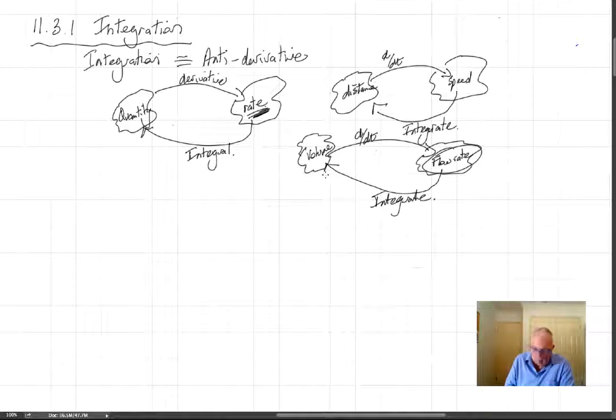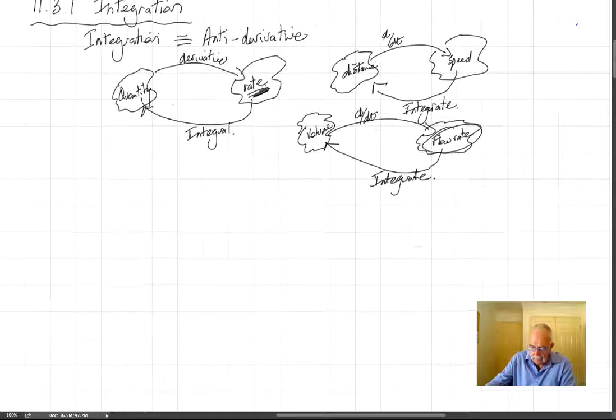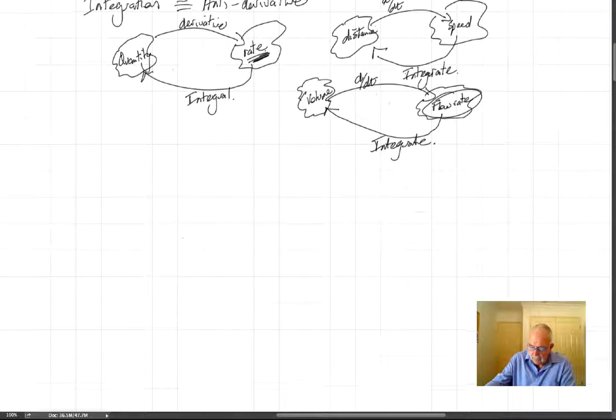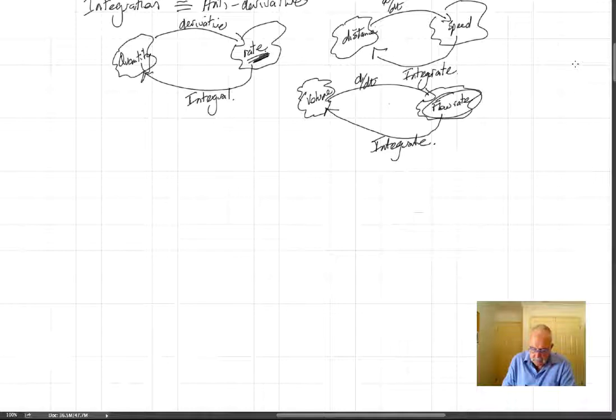Okay, so let's have a look at an example, and that might help explain. There's a whole table of integrals, just like there's a table of derivatives you need to know, but we'll just use an example to introduce it.